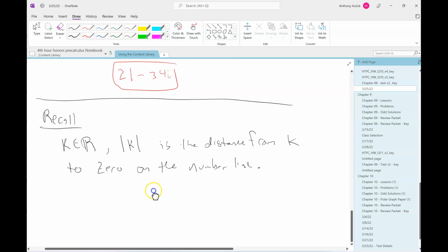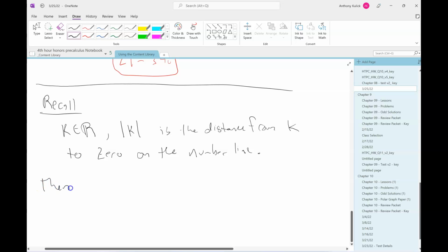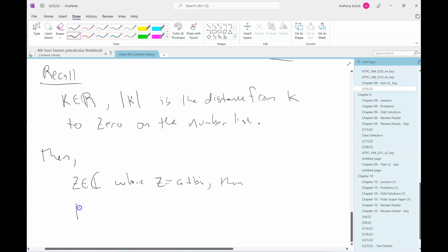So what does that mean? Well, if I have some complex number z, where z equals a plus bi, then what does the absolute value of z mean?